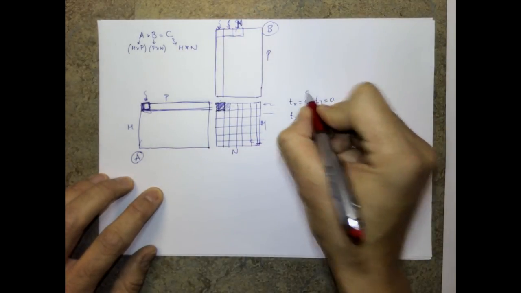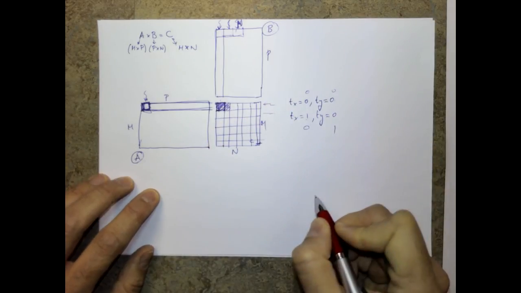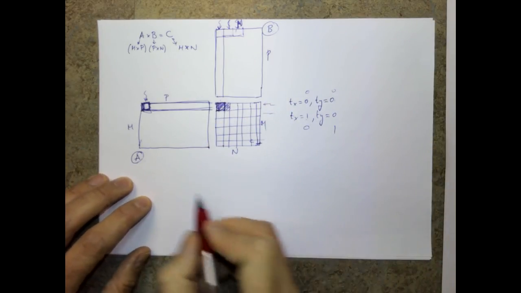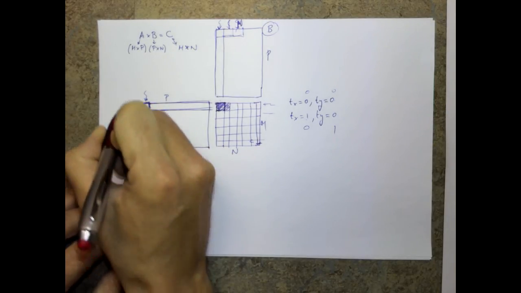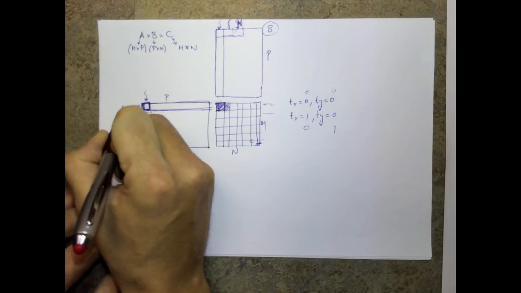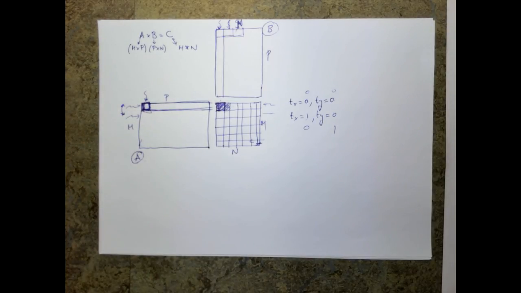We could say this is 0, 0, but this is 0, 1. But in that case, the problem is going to be that we are going to have accesses like this. And remember that this entails that we have a stride between these two threads. So such a stride means an uncoalesced access, so that means it's inefficient.